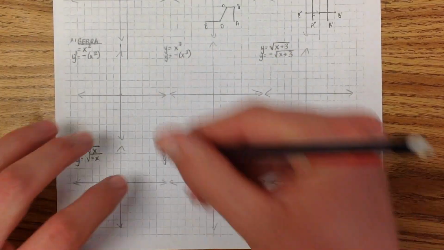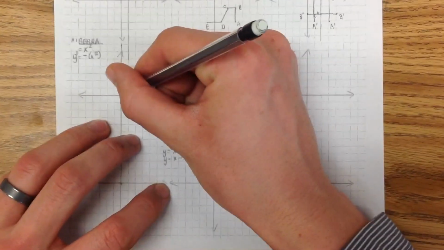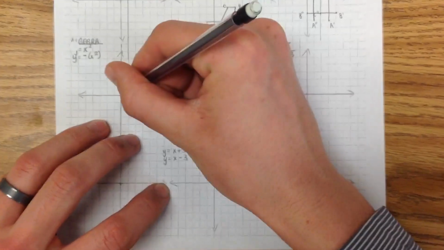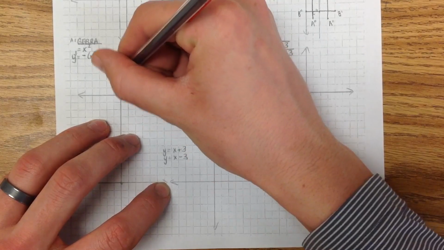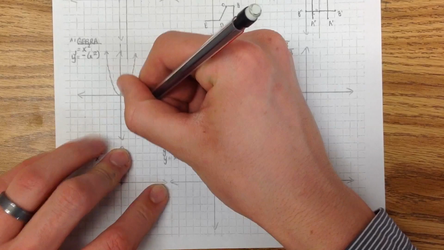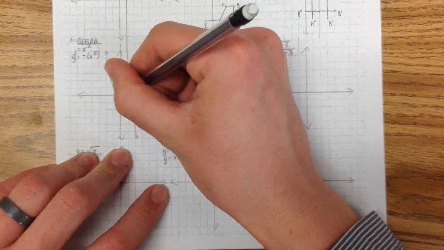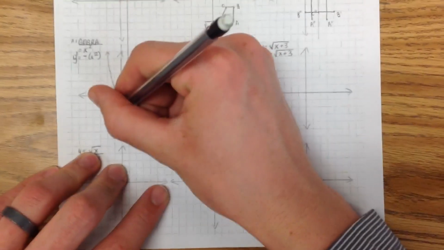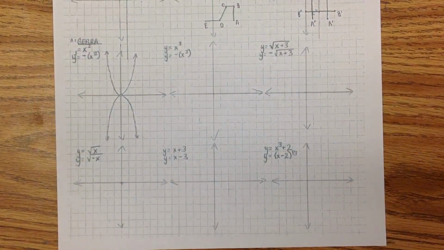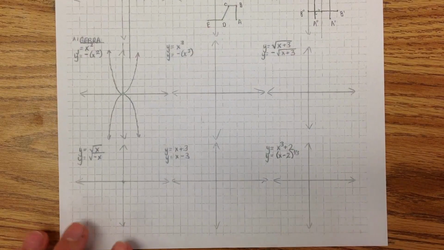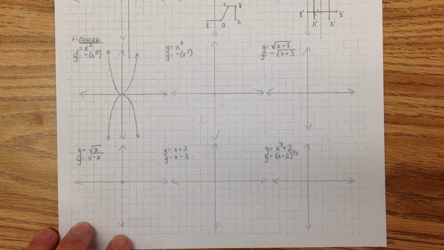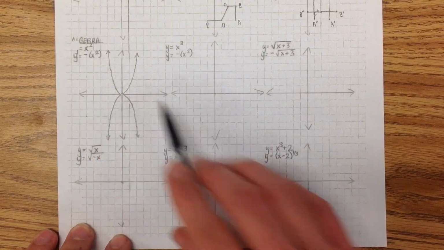So first of all, we're going to draw that. Okay. And how are we going to denote that? You can say reflected over the x-axis, but that's also where y equals 0.